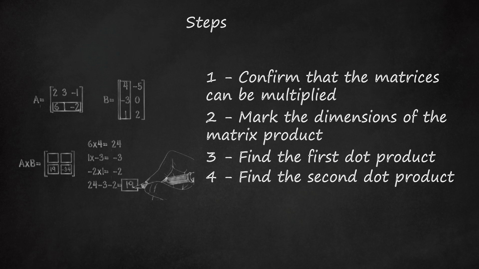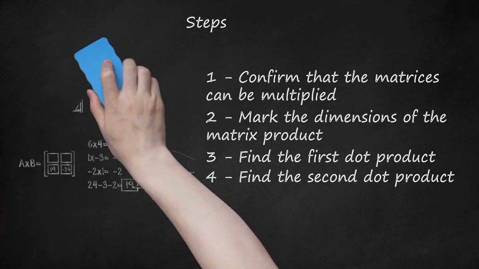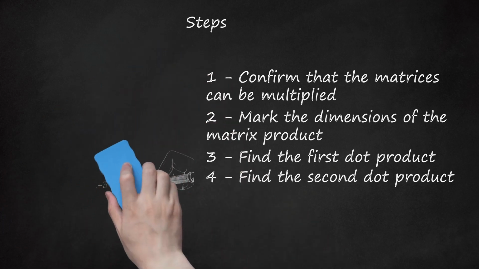Use the same method you used before to find the dot product again. 6 times 4 is equal to 24. 1 times 3 equals 3. 2 times 1 equals 2. 24 plus 3 plus 2 equals 19. The dot product is 19 and it belongs on the bottom left of the matrix product.